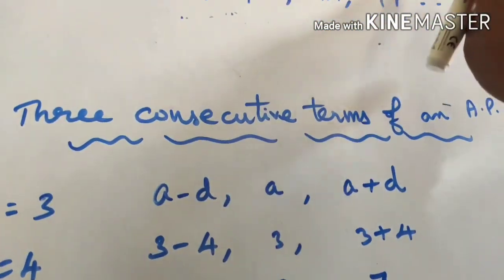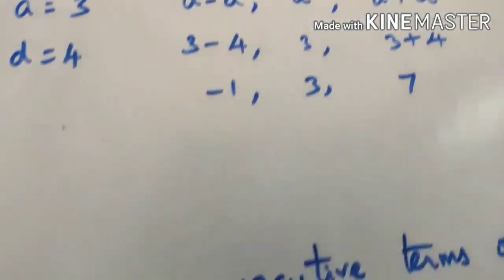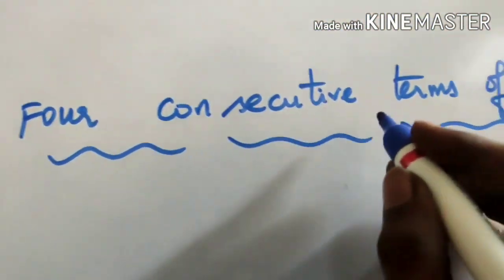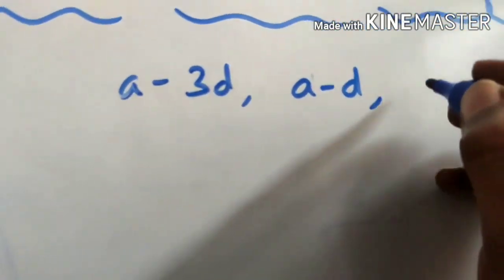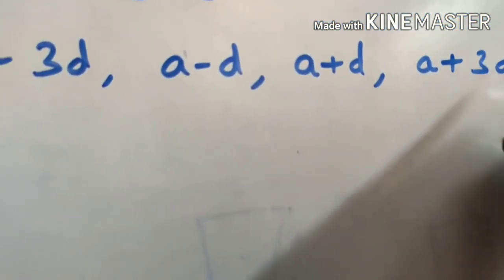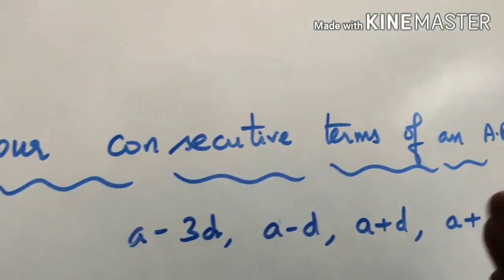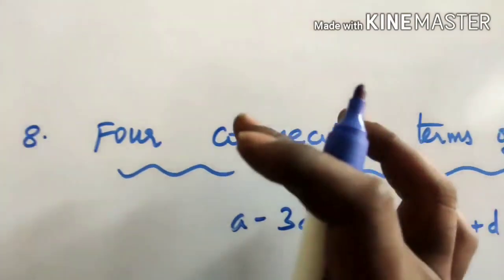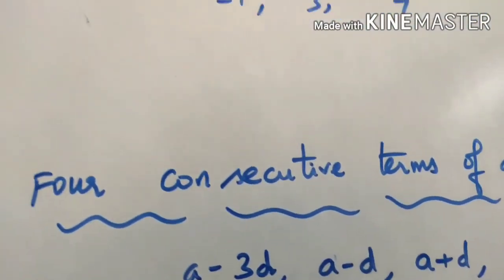If you take any four consecutive terms in an AP, this will be of the form a minus 3d, a minus d, a plus d, a plus 3d. So this will be any four consecutive terms in an AP. These are the extra additional things we are going to see here.